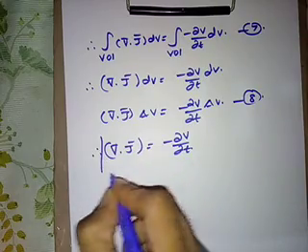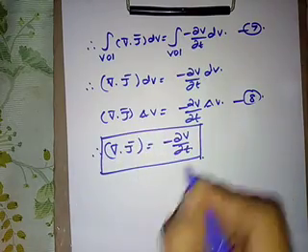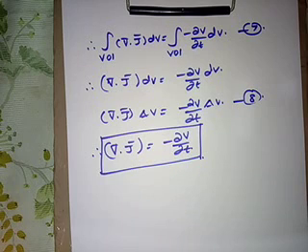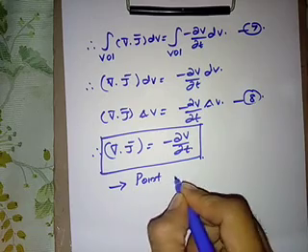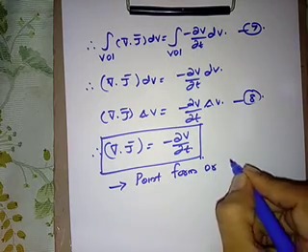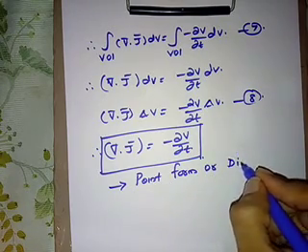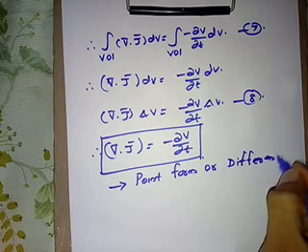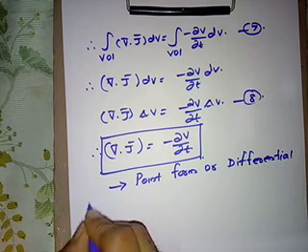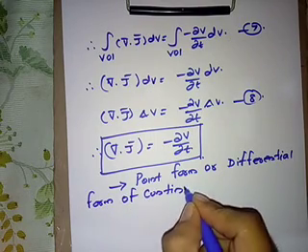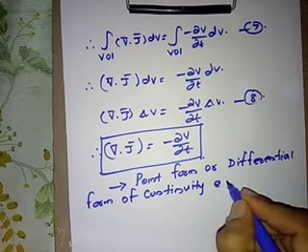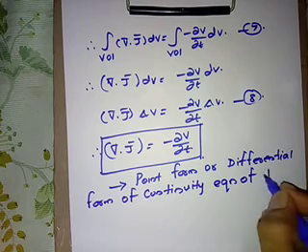This is our required equation, called the continuity equation of current in point form or differential form.